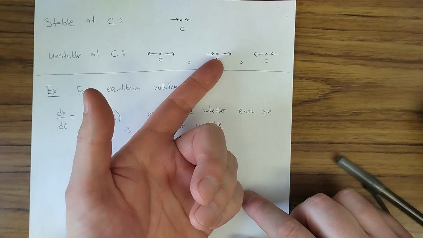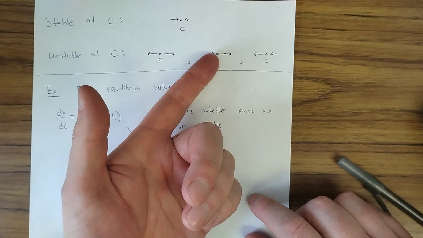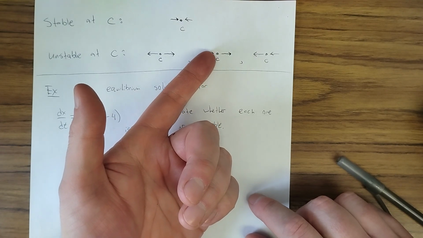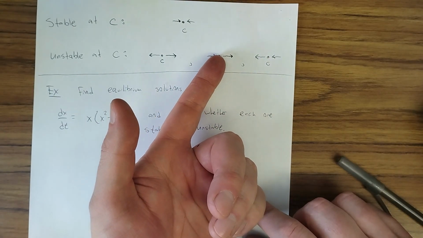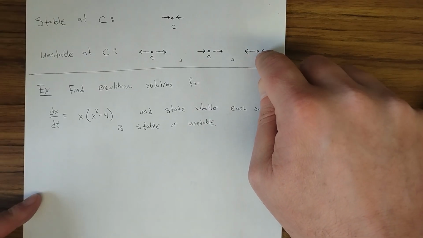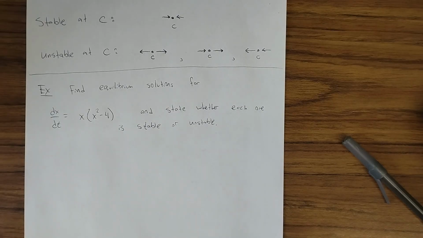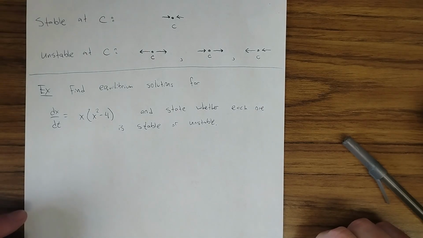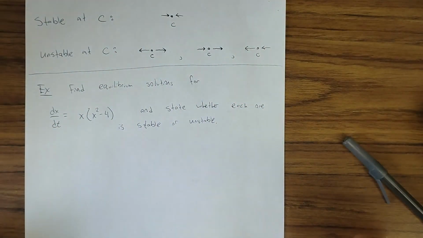In a way, it's halfway stable, right? If I were to drift to the left, then I would be pushed back towards the right. But if I drift towards the right, then I'm just going to go to the right forever. Or likewise over here, things are switched, but it's sort of stable from one side. That's why some people call it semi-stable. But we're not going to be that articulate in this class. I'm going to call all of these unstable. So the only one I call stable is like this. Anything else is unstable.